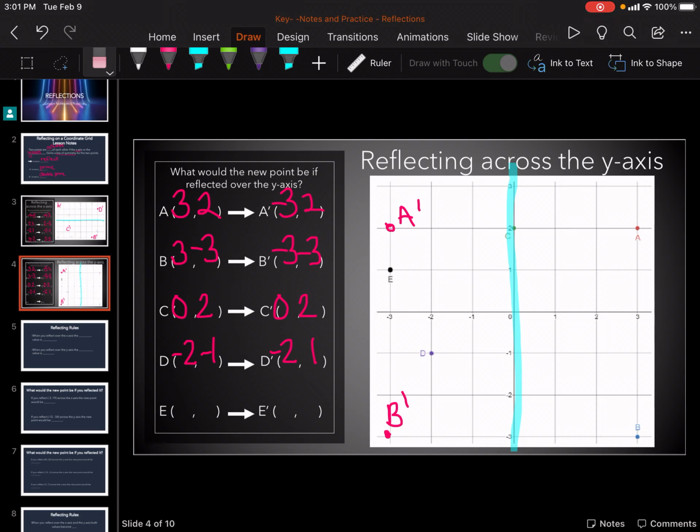That's over the x. So we're going to end up over here at D prime, so it is at 2, -1. E is at -3, 1, reflect over, and that is going to be 3, 1.